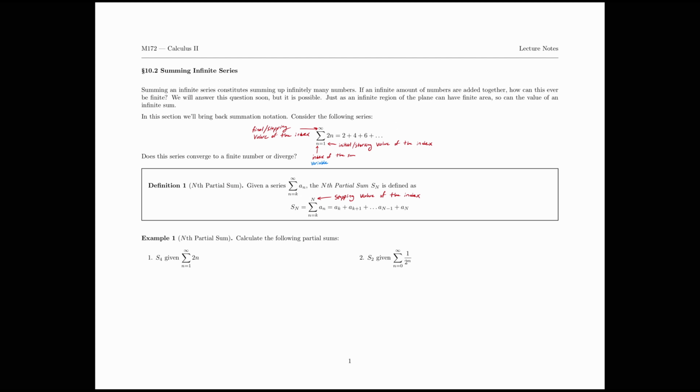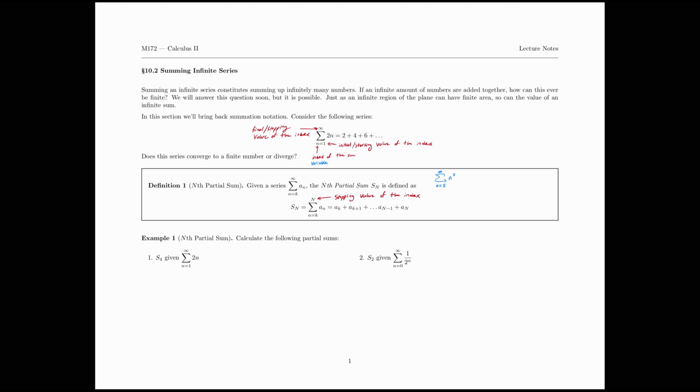So before we go down here to these examples, we'll do a quick example off to the side here in blue. So if I give you a series, let's say from n equals 5 to infinity, so there's an infinite series, and my rule is maybe n squared.